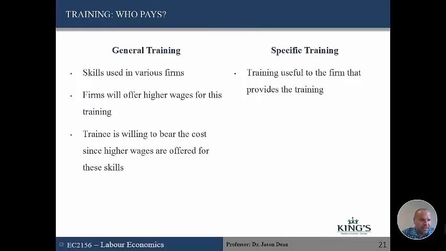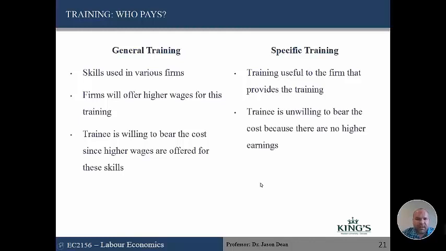Well, that skill isn't useful in other firms because that particular piece of software was developed by the firm for itself, not for other firms. But if you think of something like Microsoft Access, well, many different firms use that. So if you have skills in Microsoft Access, you would consider those as general skills, not specific skills.